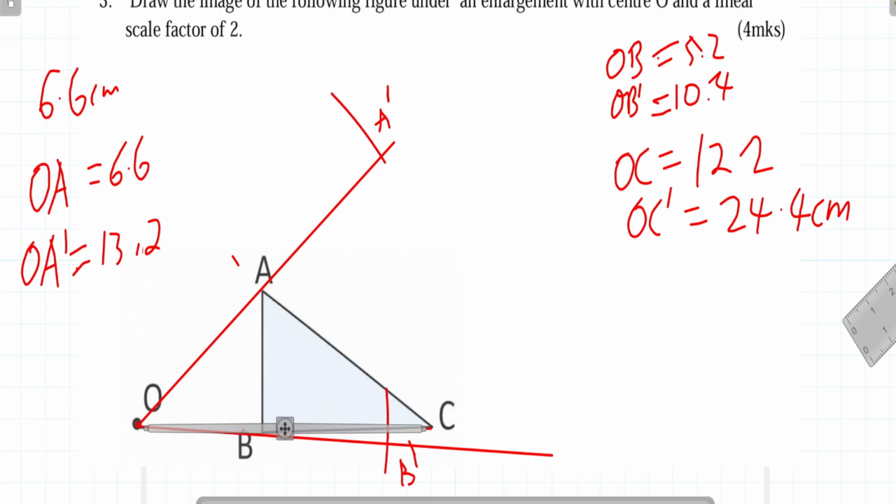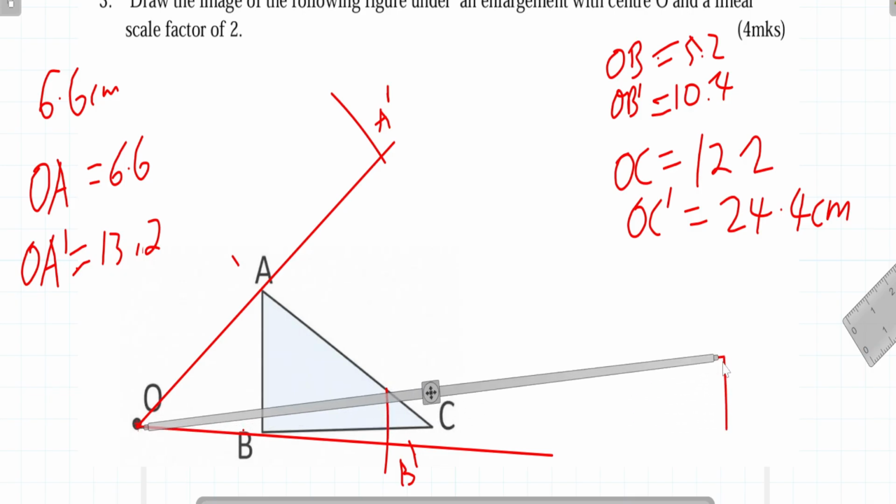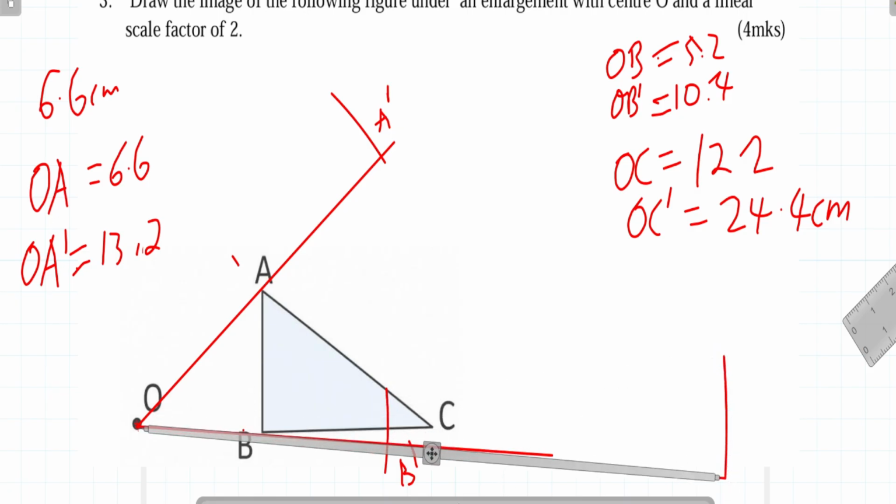So it must reach, we must now use our ruler. I don't know. Will 24.4 reach? Use the ruler, not a compass like mine, because it gives me the measurement. So 24.4 is here. So again just do this. So connect it now.